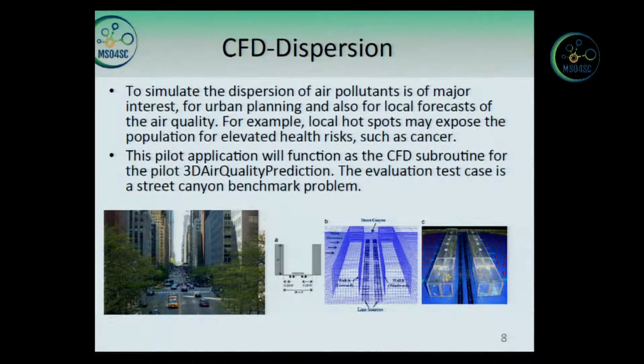And to evaluate the performance of this pilot, we have chosen an urban street canyon problem. This is identified here as the 42nd Street in New York, and to the right you see a model version of that, where there are detailed controlled experiments that we can use to verify this pilot.